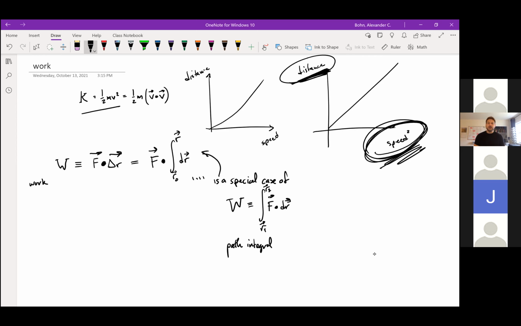Because it looks kind of weird. There's a dot product in my integral, in my integrand. That's weird. I know, but let's just work from the inside out. Let's address the dot product, and then we end up with a normal integral like we're used to.